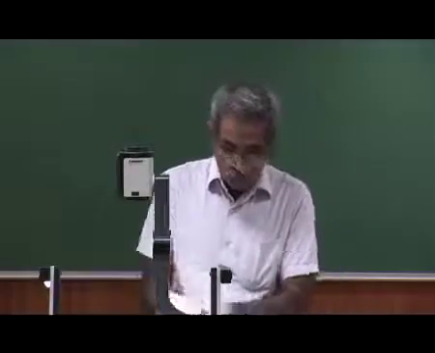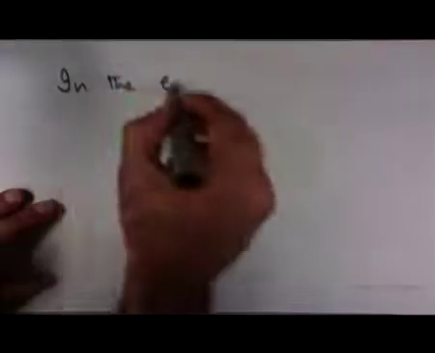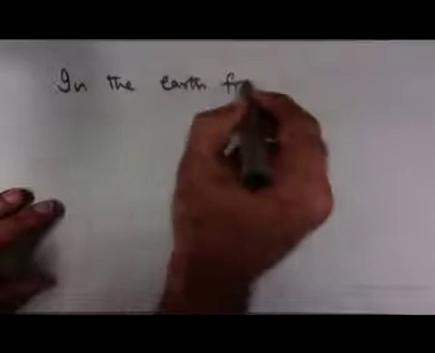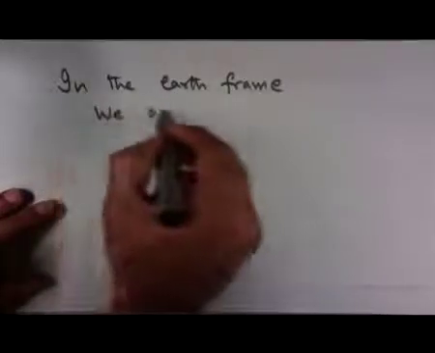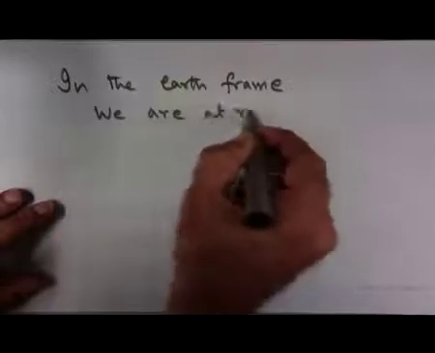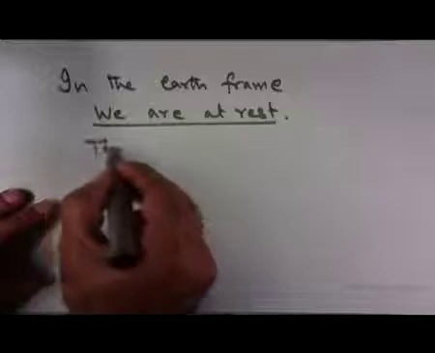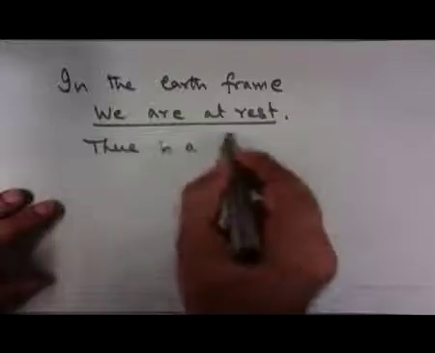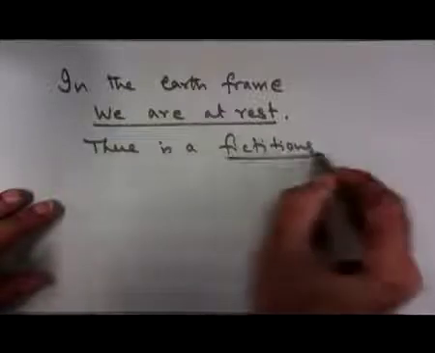So what we are saying is that in the earth frame, this is a very, very important concept. In the earth frame, we are at rest, and therefore there is a fictitious force. What does fictitious mean?